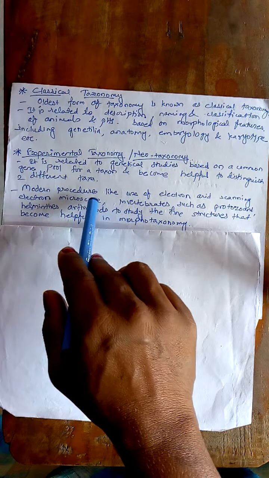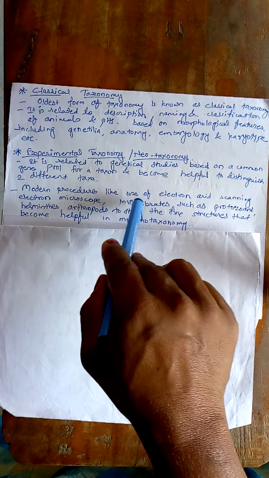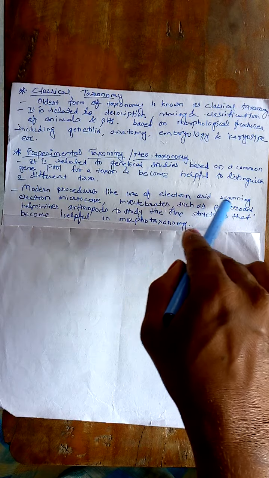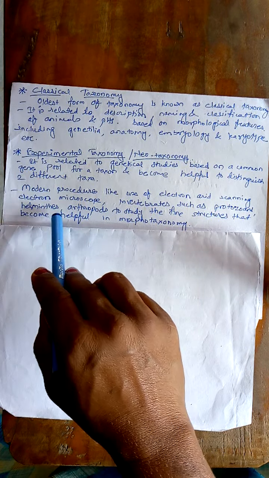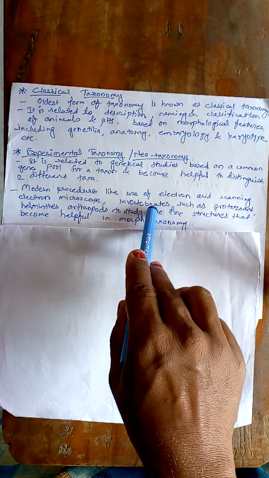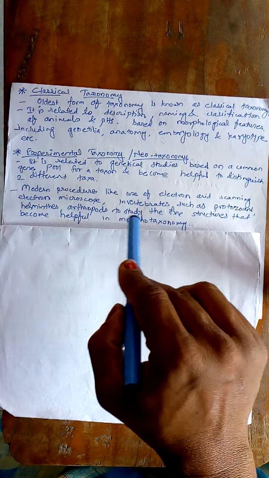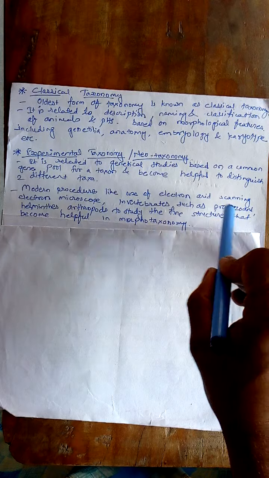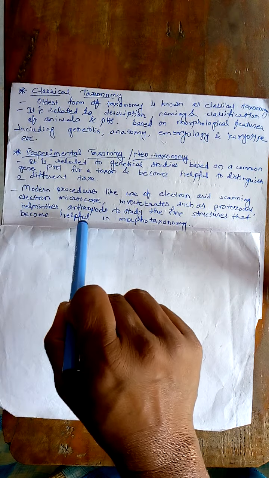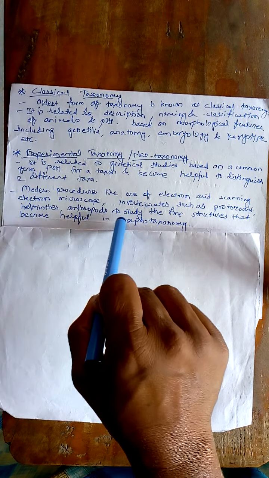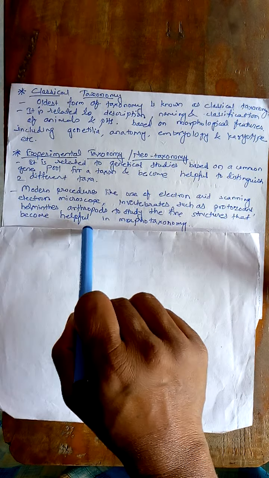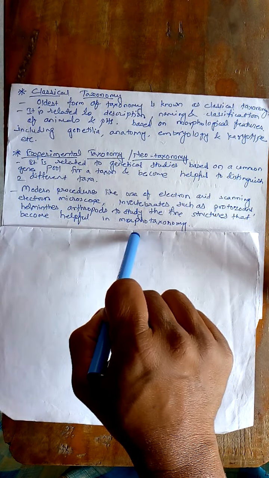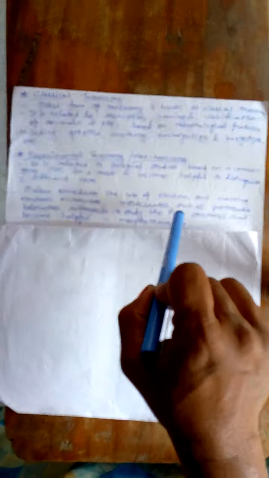Then modern procedures like the use of the scanning electron microscope help us classify invertebrates into many groups, for example protozoans, helminths, arthropods, and to study fine structure, which is helpful in morphotaxonomy.